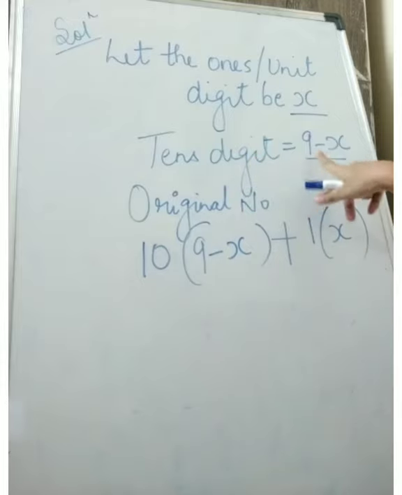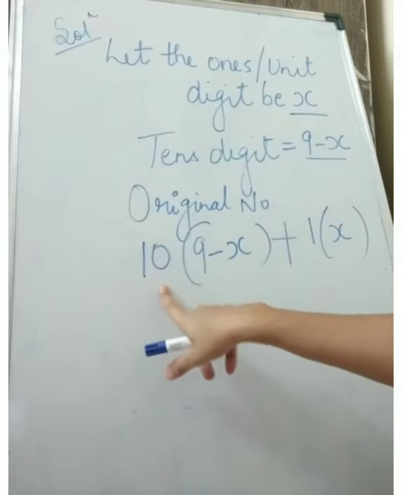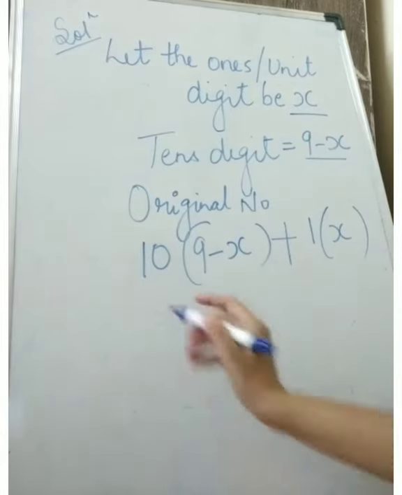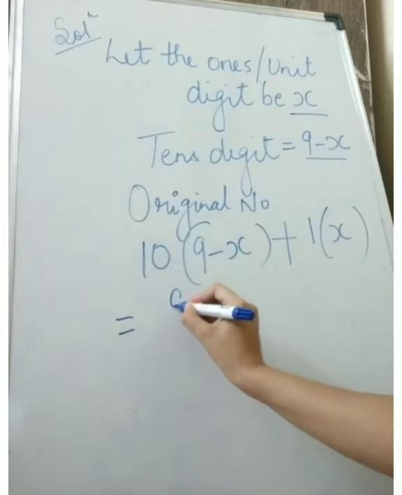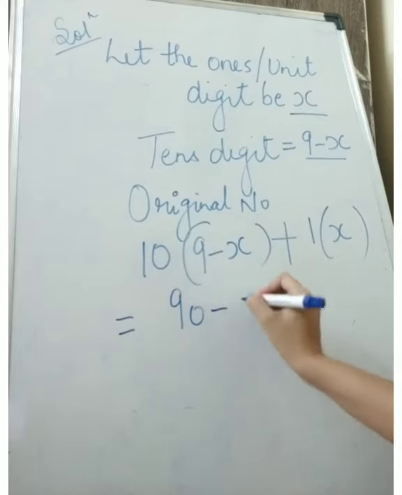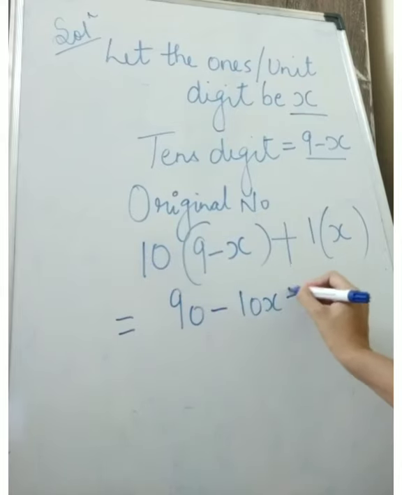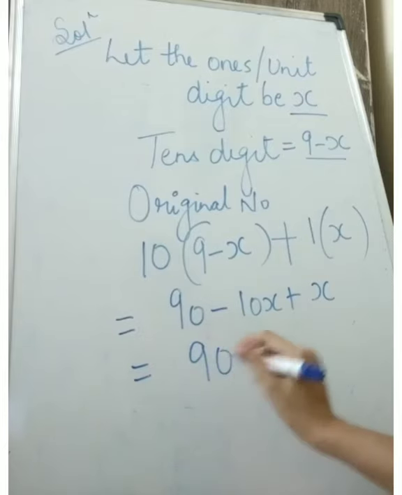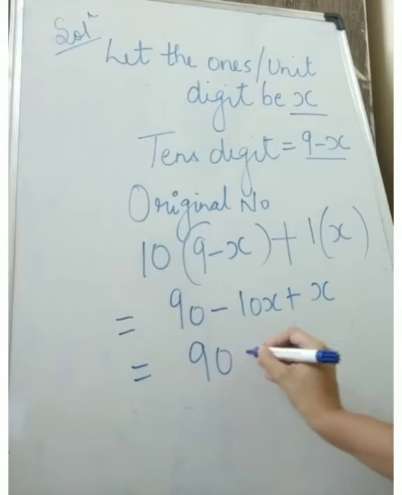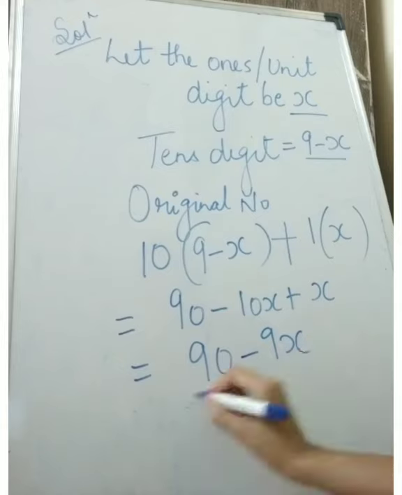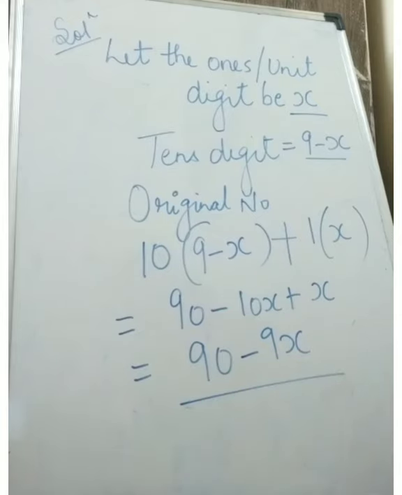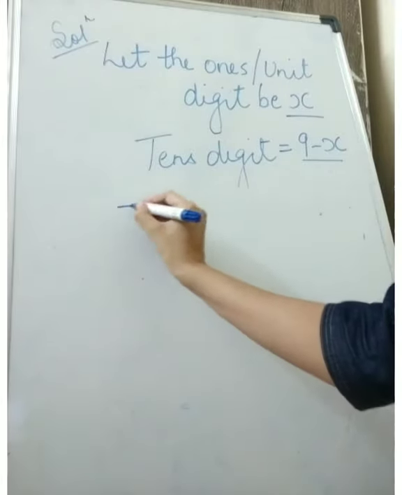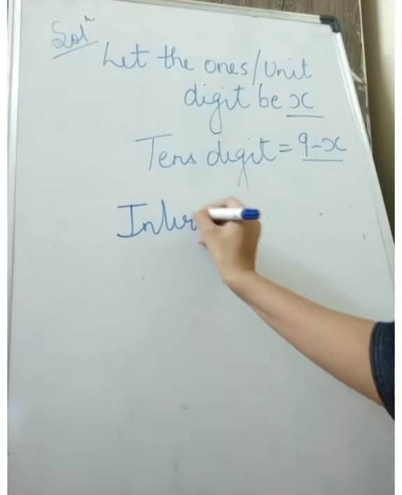Since the tens digit is 9 minus x, I will multiply with 10, plus x is in the ones place, so I will multiply with 1. So it will become 10 nines are 90 minus 10x plus 1x. So it will become 90 minus 10x plus x, which will become 90 minus 9x. So this is the original number. Okay. Now after finding the original number, we will find the interchanged number.